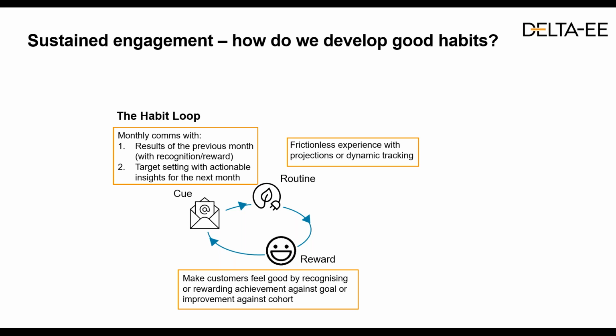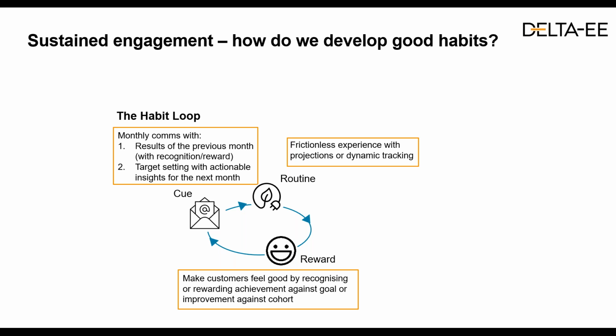And then they get rewarded at the back of that, which doesn't necessarily have to be a financial reward, although it could be, badges and points and whatnot. It can just be a smiley face, something to feel good about, a recognition of doing something, of progressing on your targets, for instance. And that can then be built into the cue that inspires action for the next month. It doesn't have to be done monthly, of course.